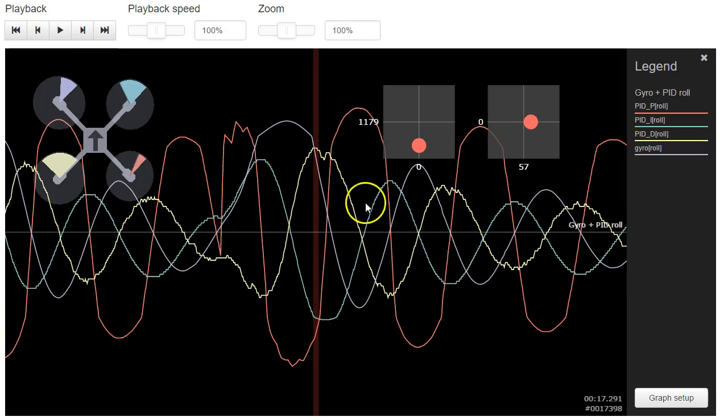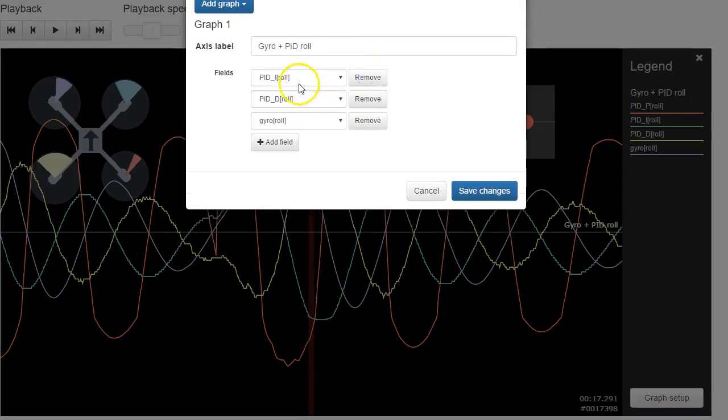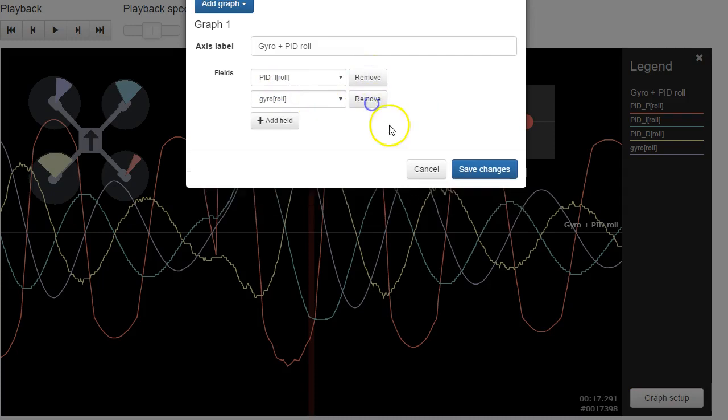But the fact that the I term is almost as active as the P term, look at the frequency, look at how often the P term goes up and down, and notice that the I term is very similar. And in fact, if we look at the gyro and the I, it almost looks like I is driving the gyro.